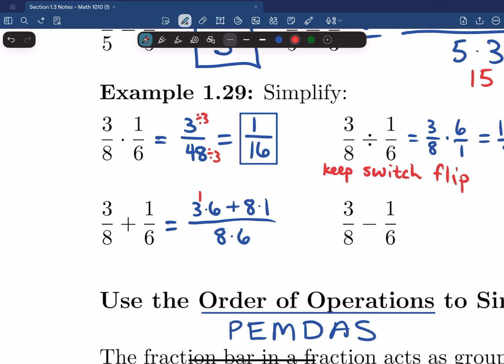Well, 3 times 6 is 18, 8 times 1 is 8, 8 times 6 is 48. So 18 plus 8 is 26, and that's divided by 48. I notice both are reducible by a factor of 2. I'm going to divide 2 out of both of these, and my final result is 13 over 24.